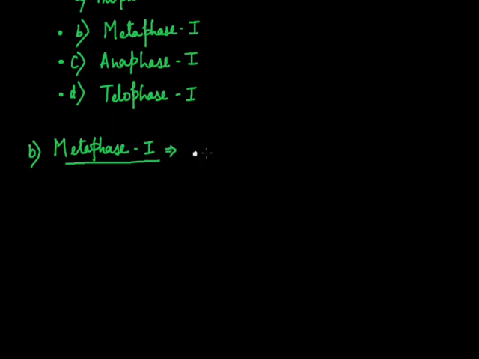Also, spindles are formed. Obviously, the spindles will arrange the chromosomes at the equator. Spindle fibers start forming at the end of prophase 1 itself, so here they are completely formed and get attached to the chromosomes.